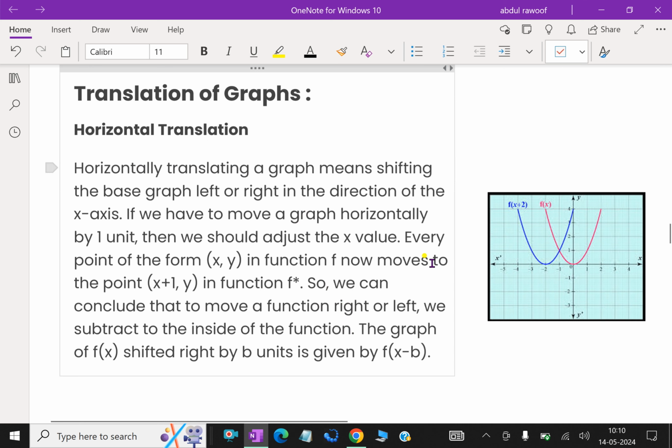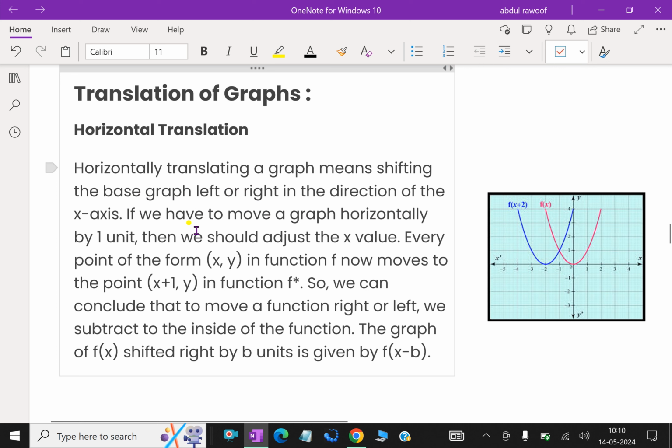Horizontal translation. Look at this figure. First, this f of x is a parabola passing through the origin, and it moves left with a translation of 2 units. That is, here k equals -2. Horizontally translating a graph means shifting the base graph left or right in the direction of the x-axis.